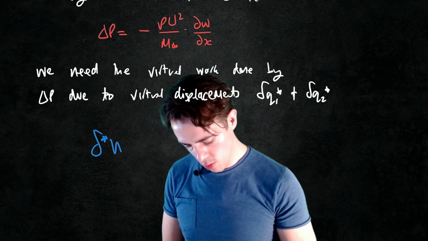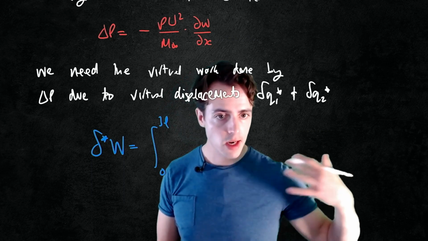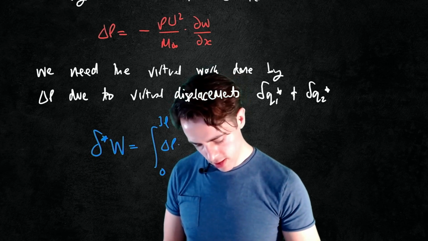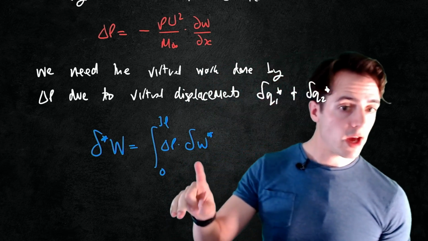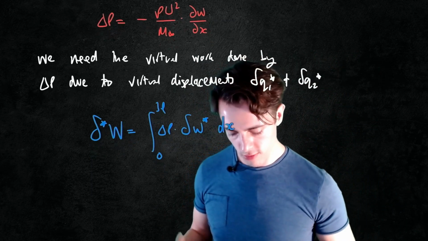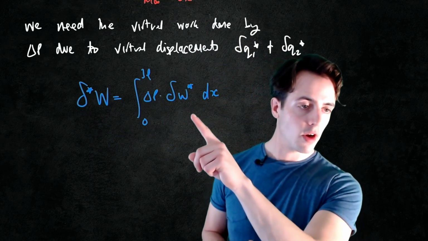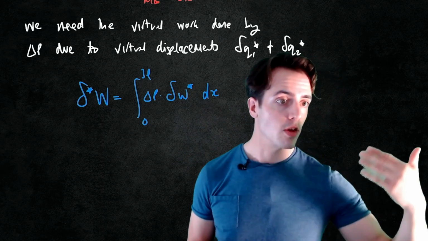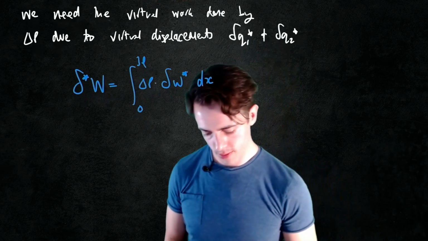So our virtual work that's done is going to be equal to the integral. Again, it's an integrated expression of that pressure change multiplied by whatever the virtual displacement delta W star is, dx. And this is going to be the right hand side of that equation. Delta W star is just going to be a function of delta Q1 star and delta Q2 star.